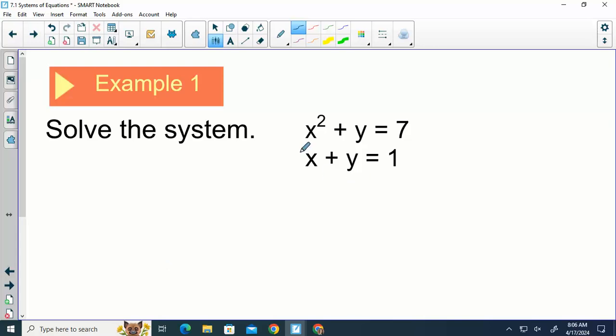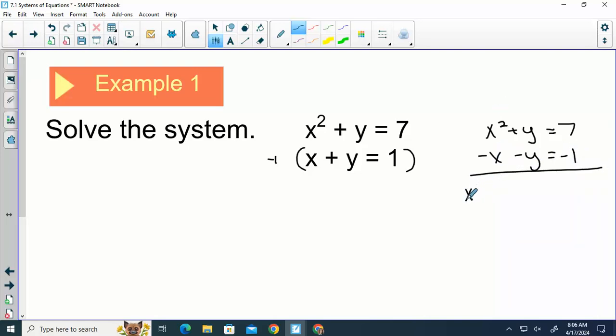So if I take this times -1, we have x squared plus y equals 7, and negative x minus y equals -1. When I add those, x squared minus x, those are not like terms, so we just keep it. Positive y and negative y cancel, equals 6.